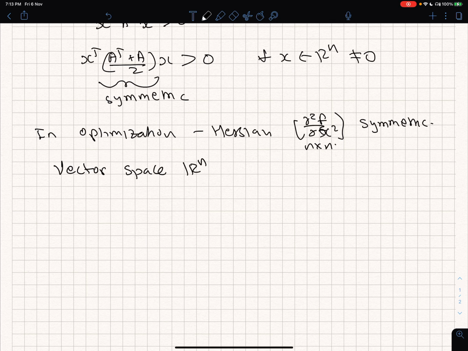So therefore, it is closed under both scaling, multiplication by a scalar, and addition, and hence it constitutes a vector space. So this vector space in general can have subspaces.